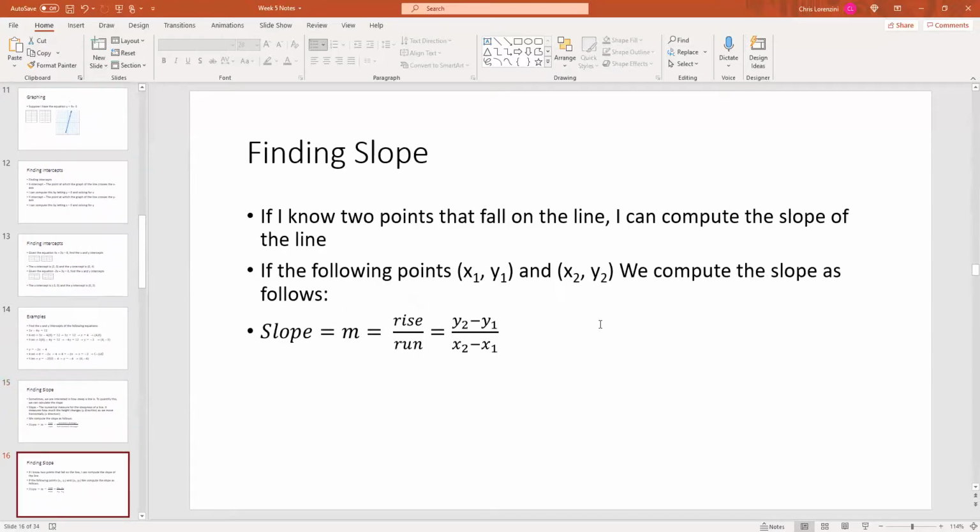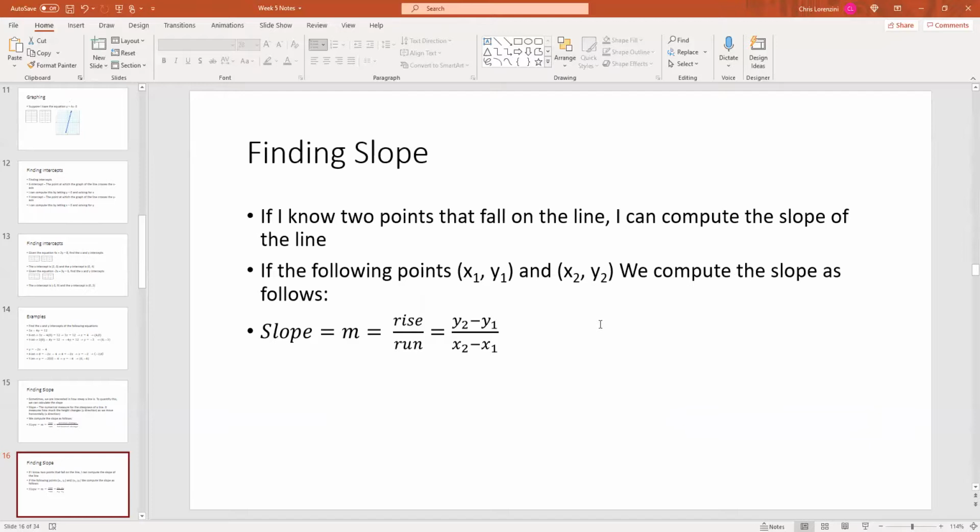So how do I find it given 2 points? We need to know 2 points that fall on the line, and we may or may not have the graph readily available. We don't need the graph, we just need to know 2 points that fall on that line. So if I have 2 points, the first one's x1, y1, the second one's x2, y2, we can compute the slope as follows. The slope is equal to m.